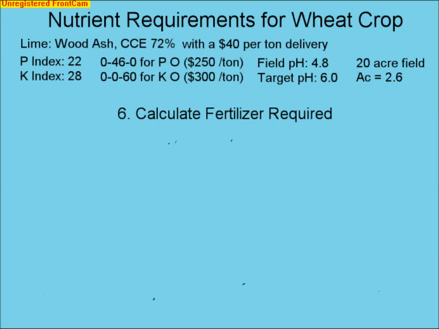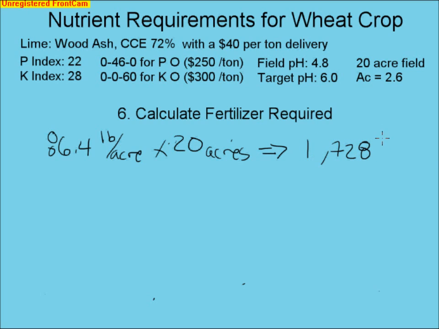To calculate our total fertilizer required, we just take that 86.4 pounds that we calculated per acre, multiply that by 20 acres, and we know we need a total of 1,728 pounds of phosphorus.